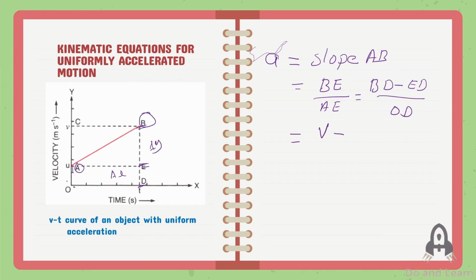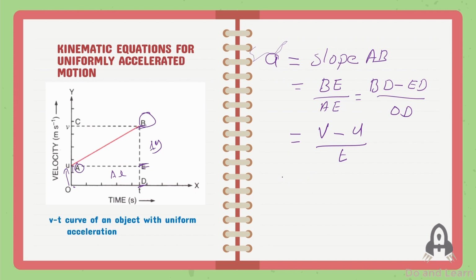ED is equal to OA, that is equal to U. So BE is V minus U. What is OD? OD is the distance from the origin to T, so that is equal to T. So the slope is V minus U divided by T. So acceleration is equal to V minus U divided by T from the graph.